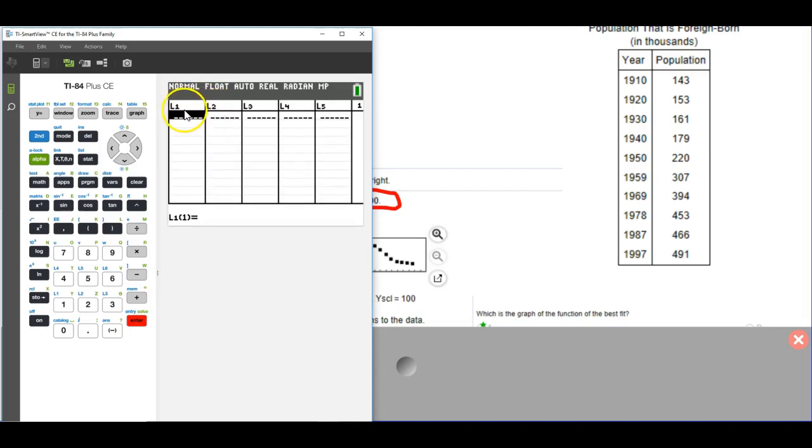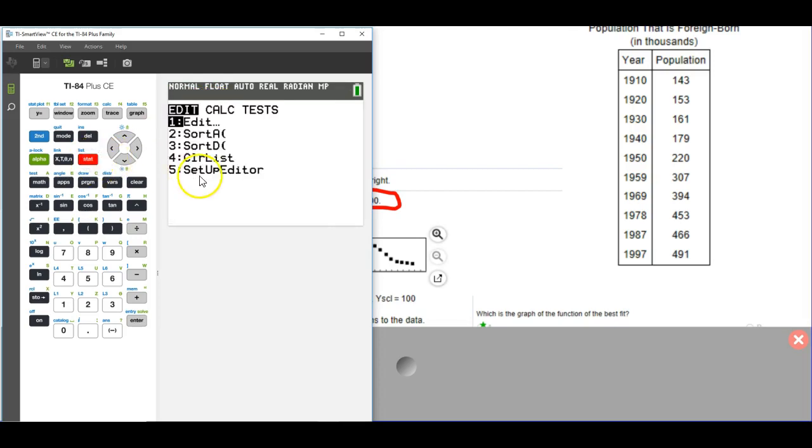Okay, a couple of things. If you do not have L1, L2 showing, then you need to press Stat, come down to the Stat Editor, Set Up Editor, and press Enter, and then hit Enter one more time, and that will give you back your L1, L2.